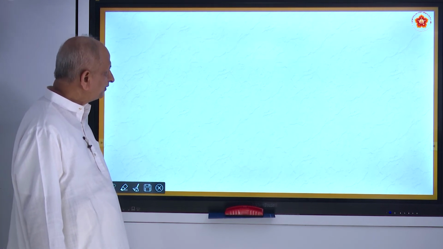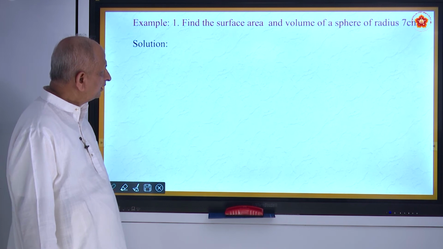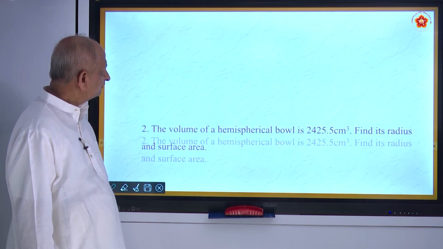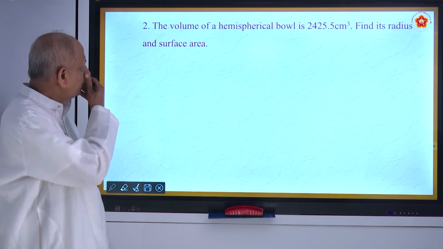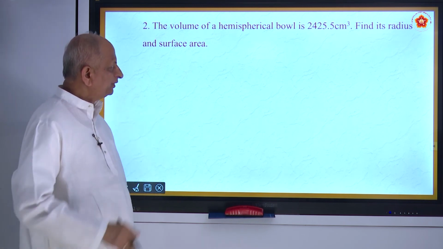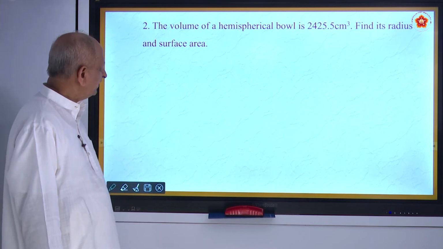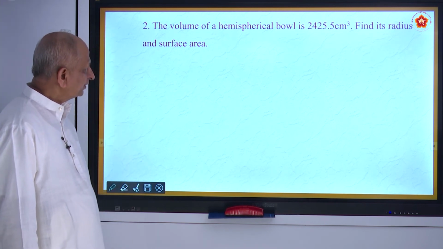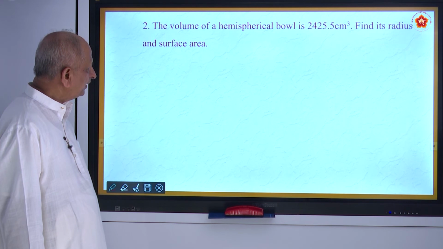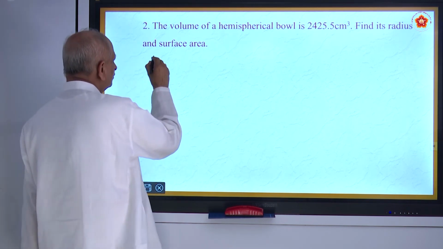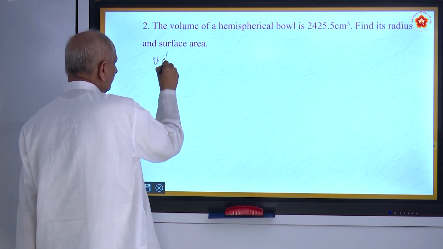Now this problem is about a hemisphere. The volume of a hemispherical bowl is 2425.5. Find its radius and surface area. So when you say hemisphere, the volume of a hemisphere is given.